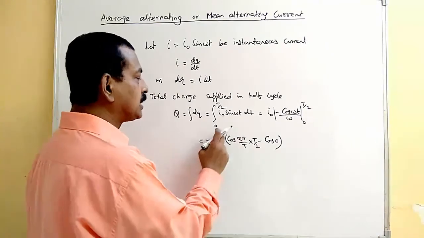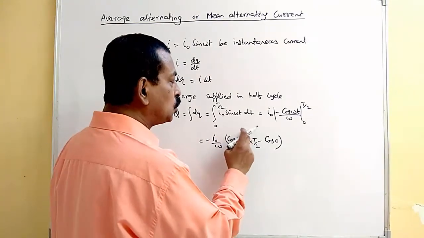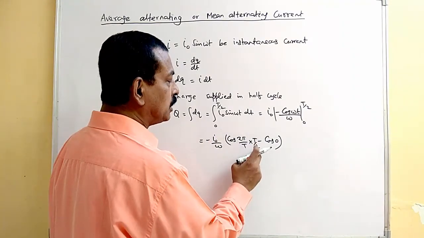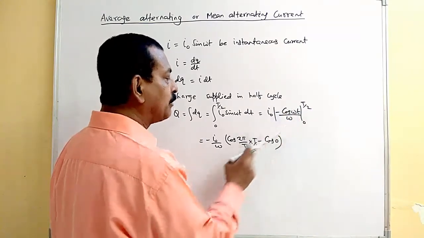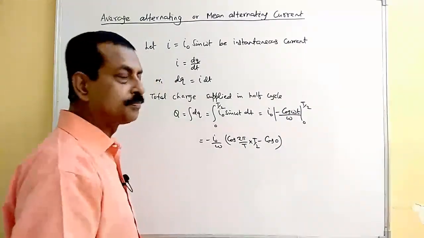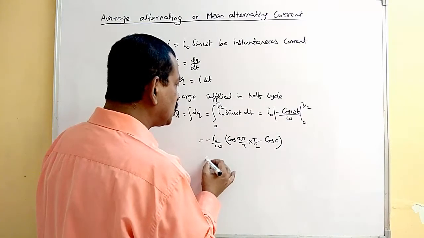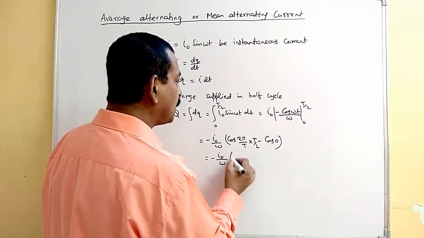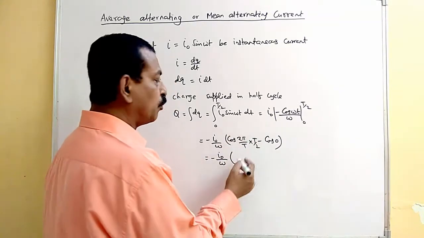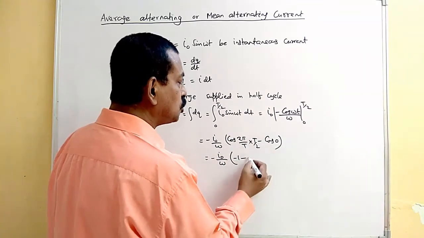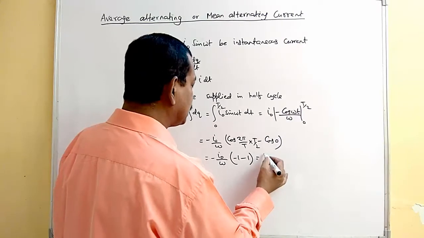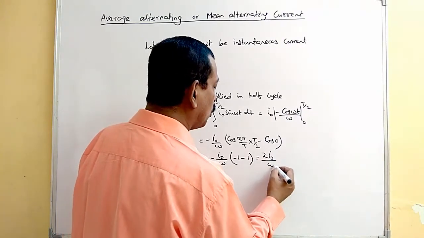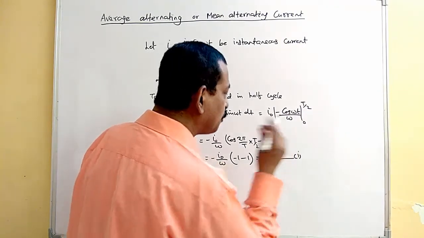So this is minus I naught by omega cos 2 pi by T into T by 2, because omega we can write as 2 pi by T, and minus cos 0. So this is minus I naught by omega, and cos pi is minus 1, cos 0 is 1. So in that case, it is 2 I naught by omega. This is suppose your first equation.